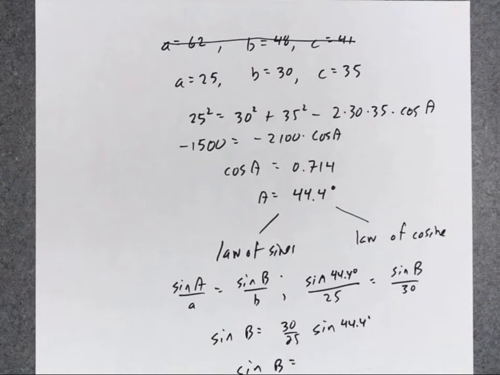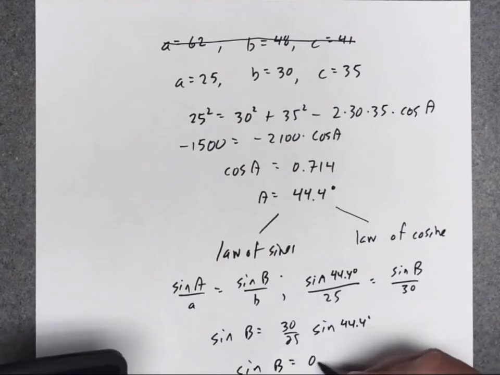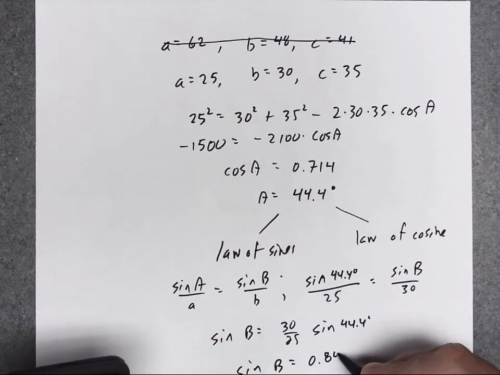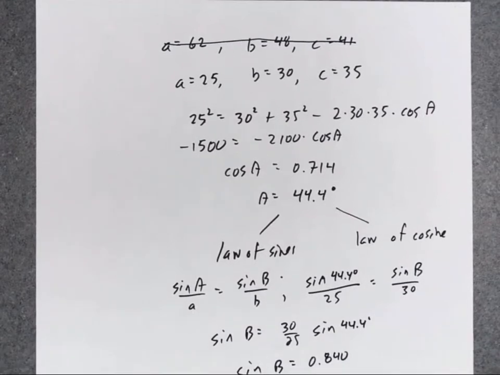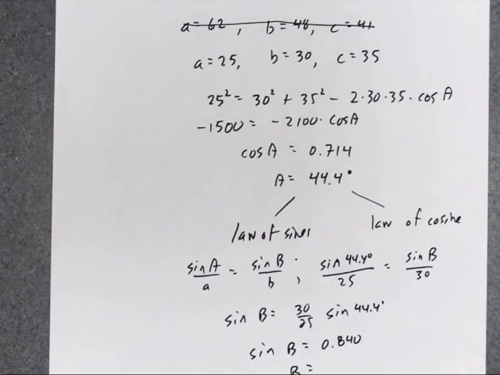So 30 divided by 25 times sine of 44.4, 0.840. I'm going to take the inverse sine of that. 57.1 degrees.